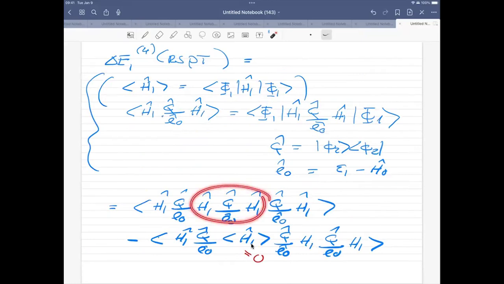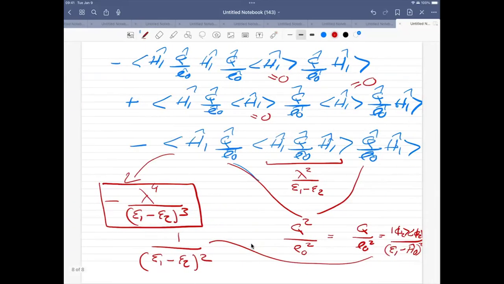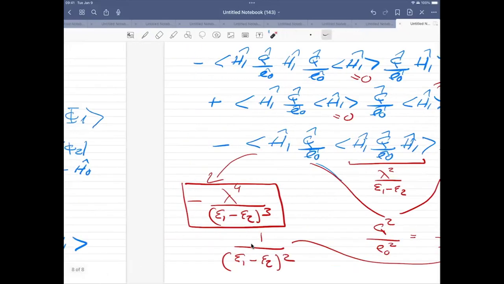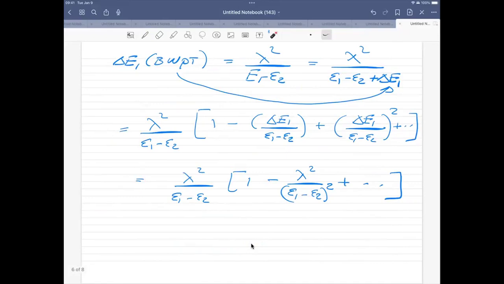So this term here is going to give me 0. That means that the only term which survives is the one which comes from the last term here. So if you look at this expression here, what we have now is something which looks like exactly what we have here. This term times that.